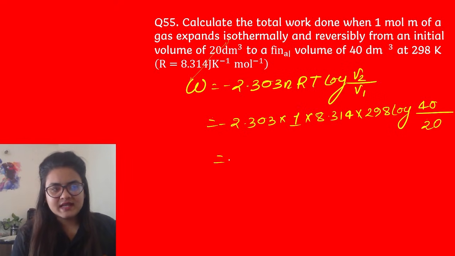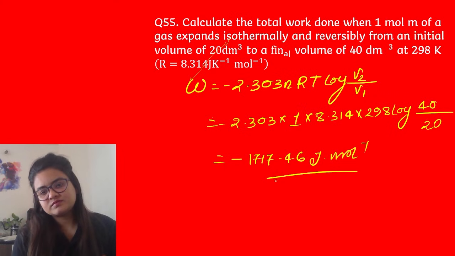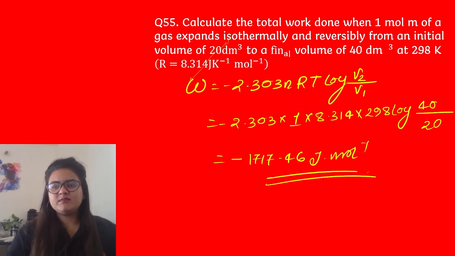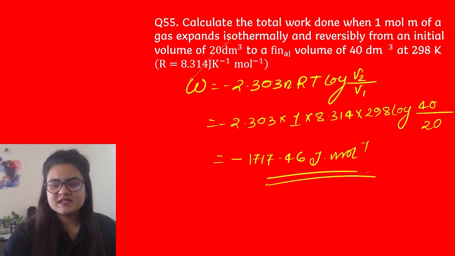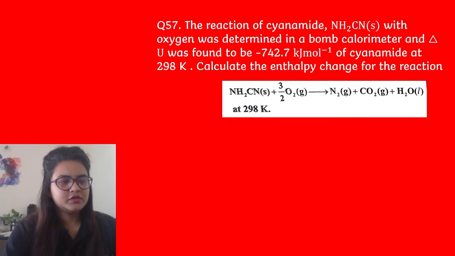Now if you just calculate this entire thing, it will come up to be something like minus 1717.46 joule per mole. This is the thing. Okay, I guess this is a direct question actually. Reversible work done formula, you can just simply apply it and then just put the values in there, you will get the answer. I guess that's clear to you. Yeah, let's proceed further. Okay, one more numerical.